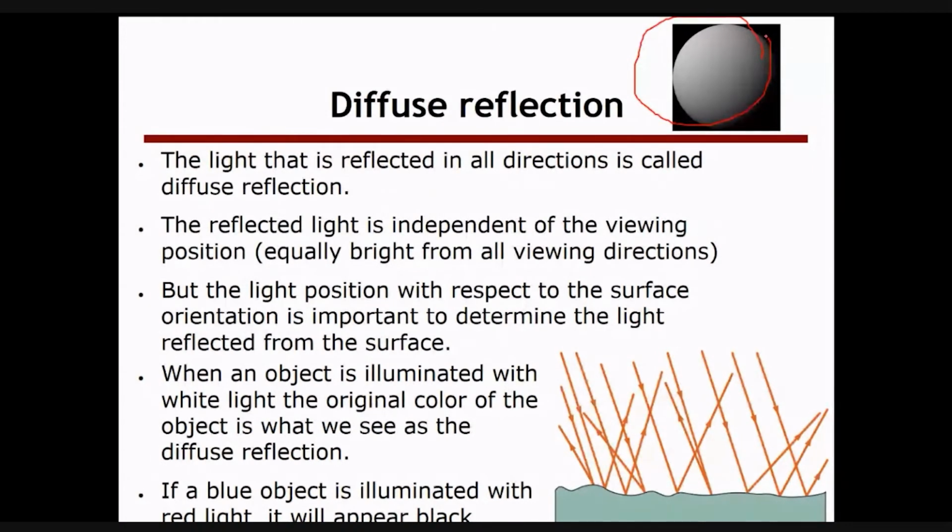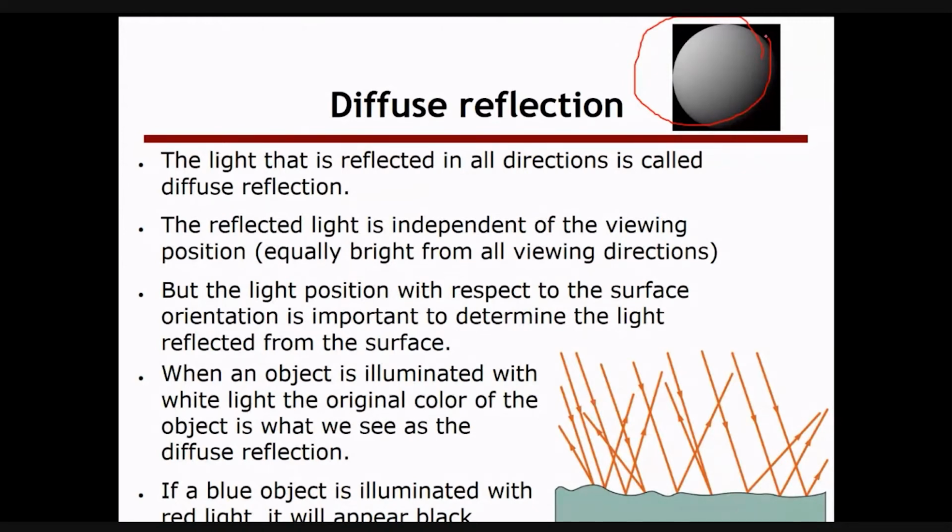In the next slide we will understand how it makes sense with respect to the surface orientation, and how we can determine the light reflected from it. Are you getting this? The ultimate thing is that we want to create something that we generally see in our day-to-day life, but to do so we need some concepts that we can use.